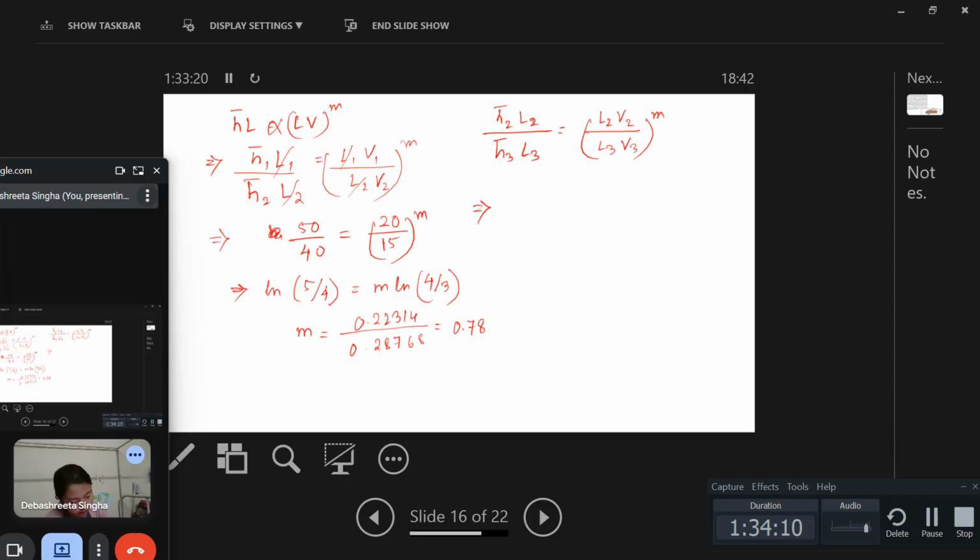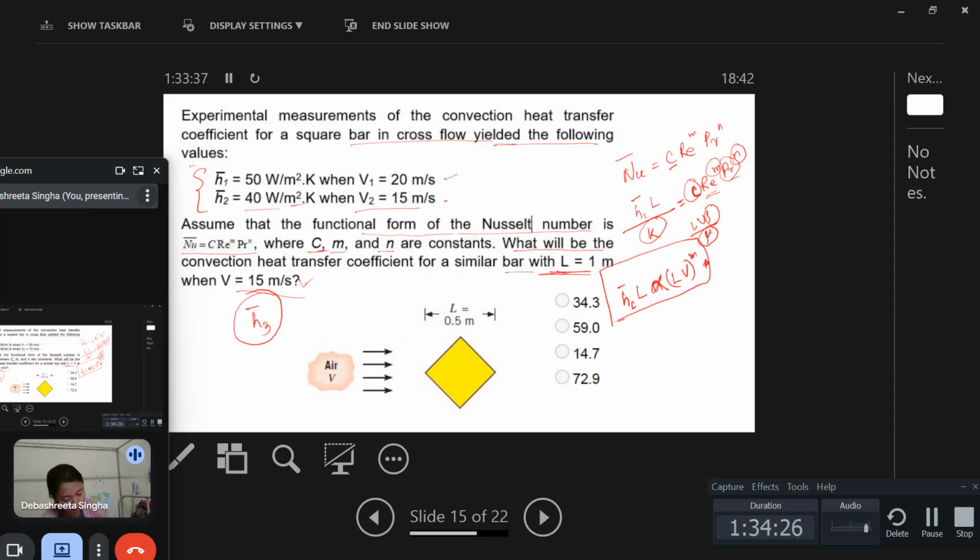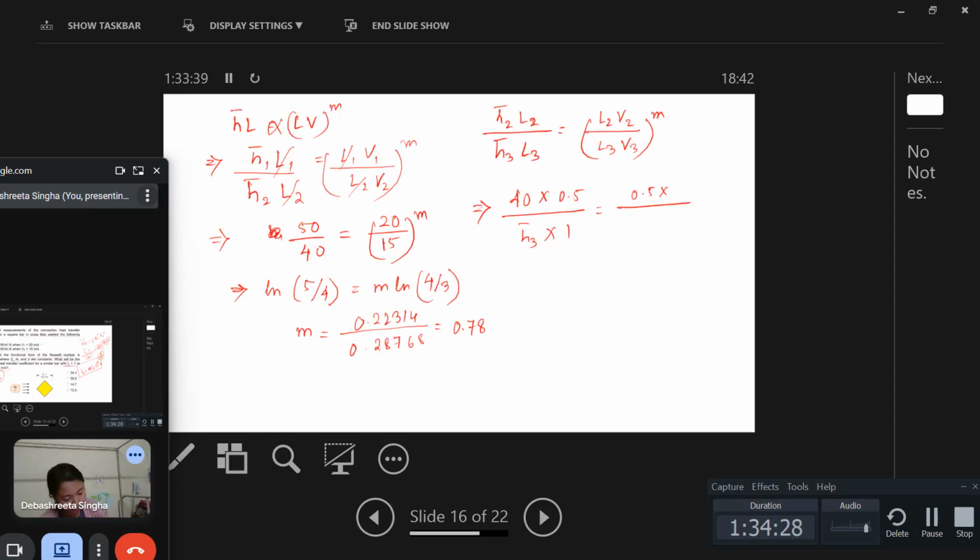H2 is 40, L2 is 0.5, H3 into 1 is equal to 0.5 into, both V are 15, right? To the power 0.78.